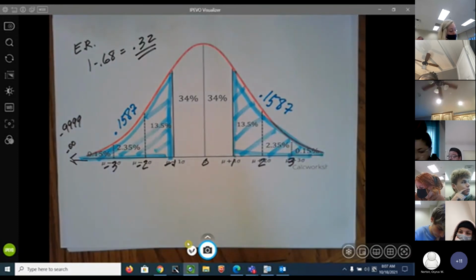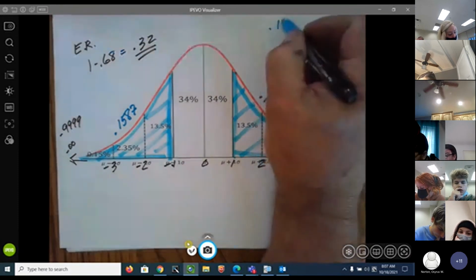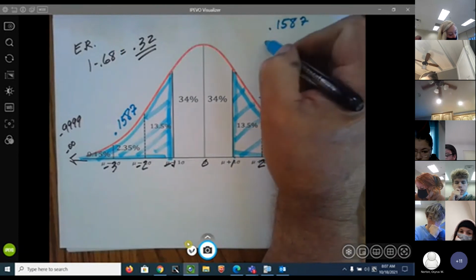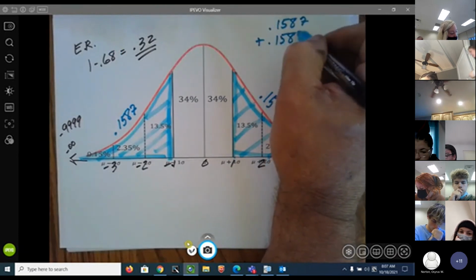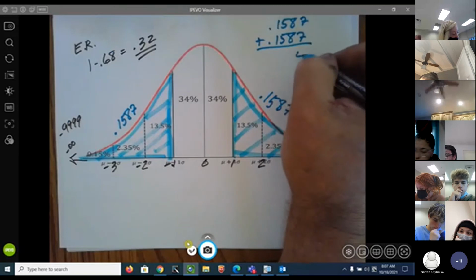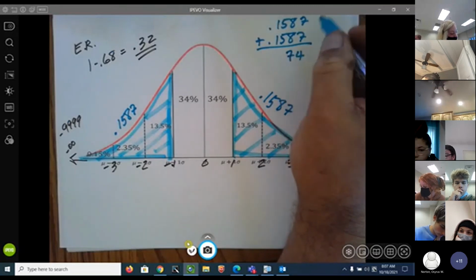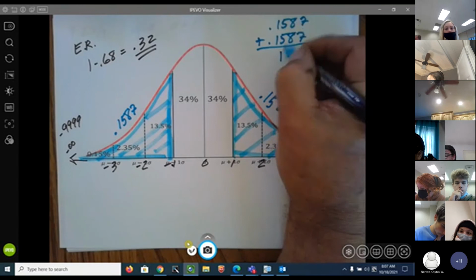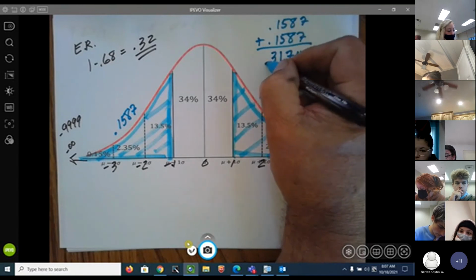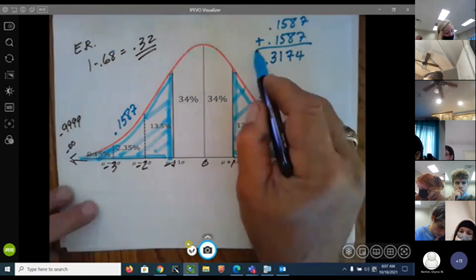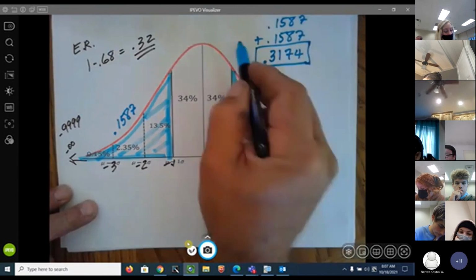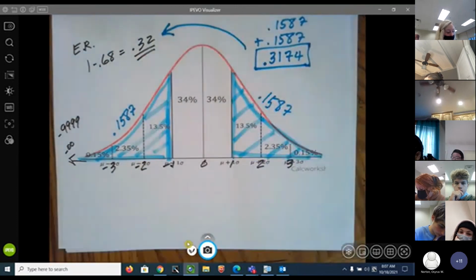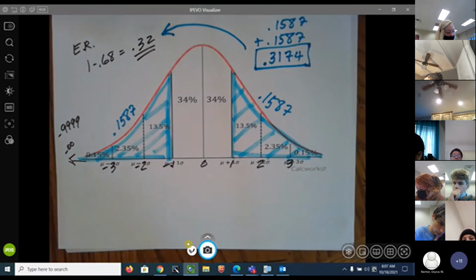So multiply them by 2 or add them together. 0.1587 plus 0.1587 is 0.3174, and it did come close to our empirical rule estimate of 0.32. So 0.3174 should be your answer.